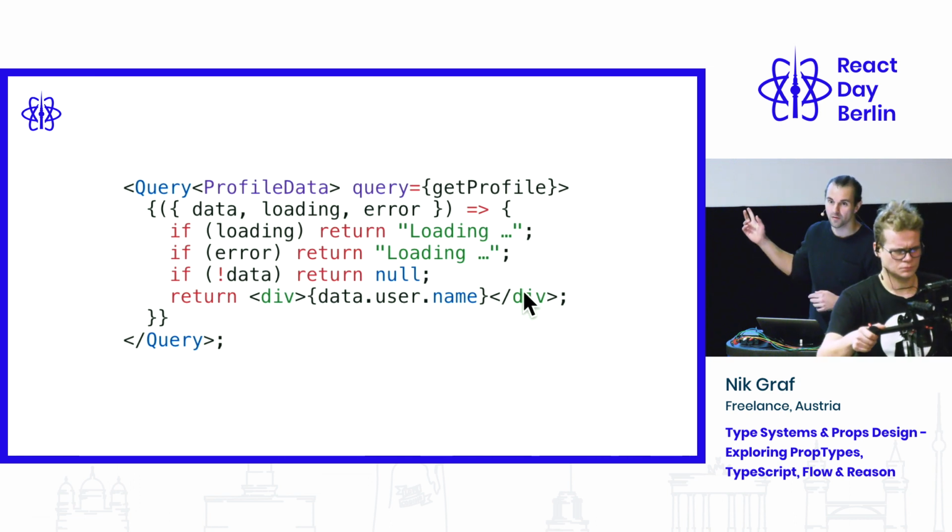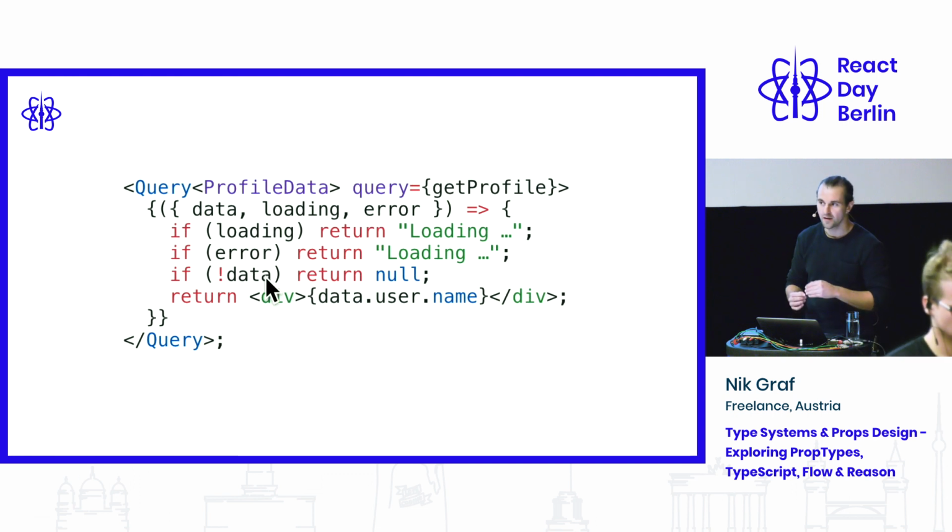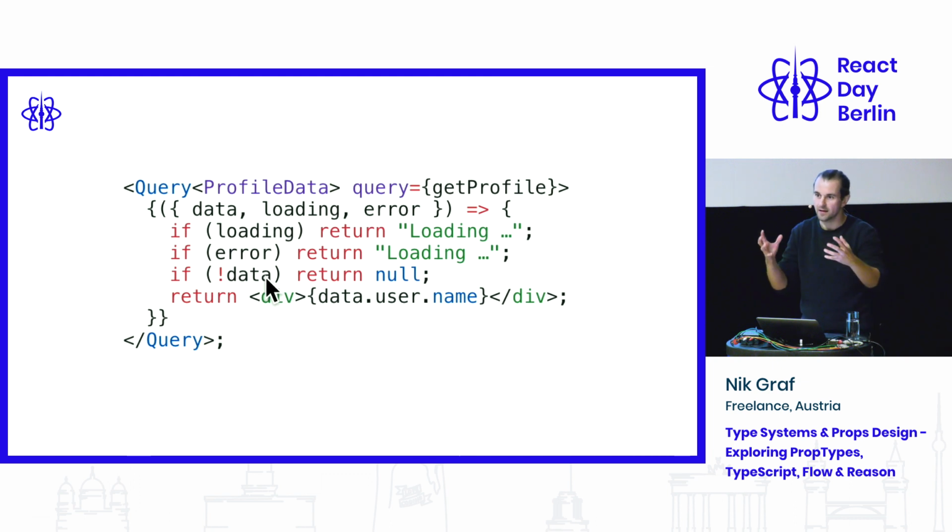The major problem with this is that TypeScript doesn't understand it, and the cause is that this is a design that can lead to impossible states. As I said, for example, if loading and error are both false, data must be there. That's the internal contract, or the internal implementation, of this component.